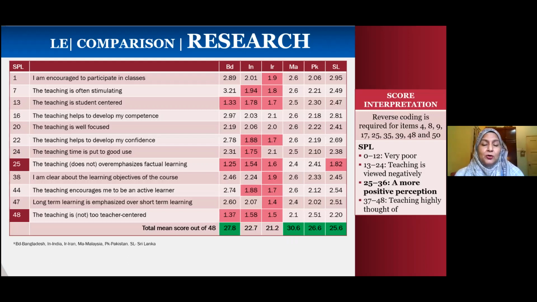But if you look at the overall score, 25 to 36 is a more positive perception, which was the interpretation given by the people who constructed the DREEM questionnaire. So for Bangladesh, Malaysia, Pakistan, and Sri Lanka, the students think that the students' perception of learning is good.